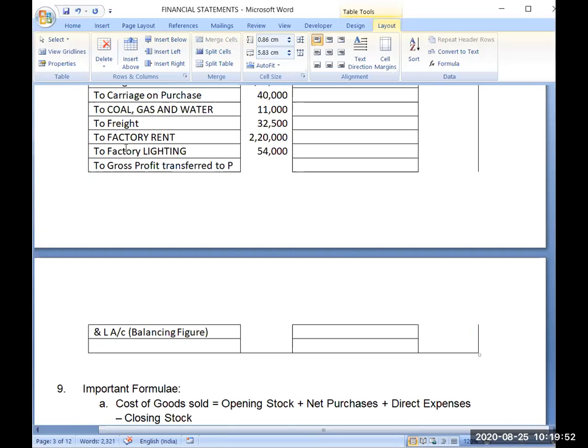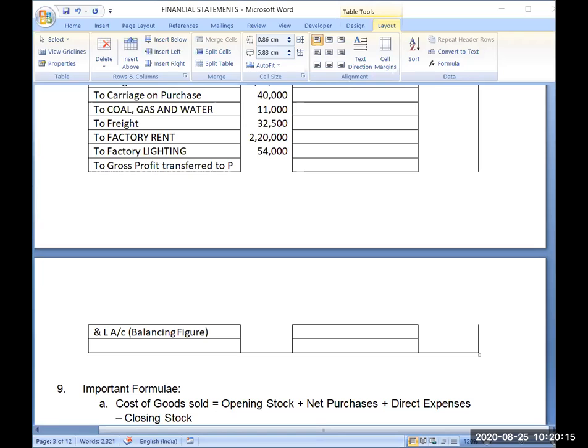Just a minute, some queries are there. This I understood. I am asking how the names of accounts are given in the question, in that sequence only we have to write, or can we change the sequence? Like serial number 2 we write first, and serial number 1 we write after 2. Just a minute, I will answer your query.